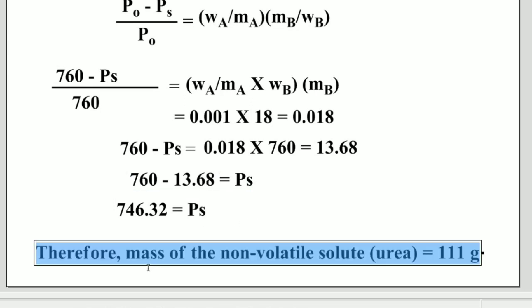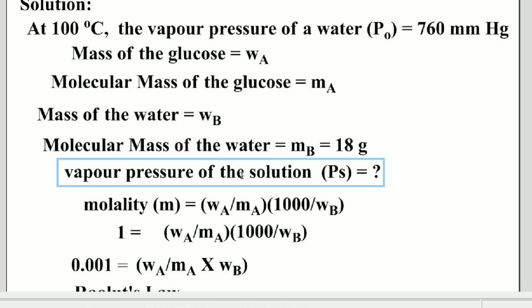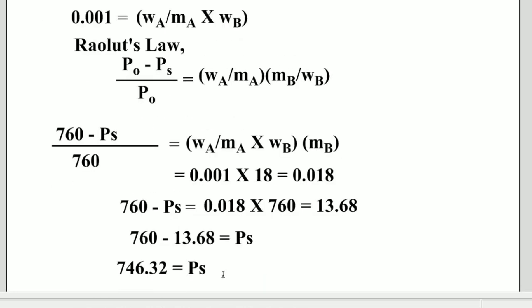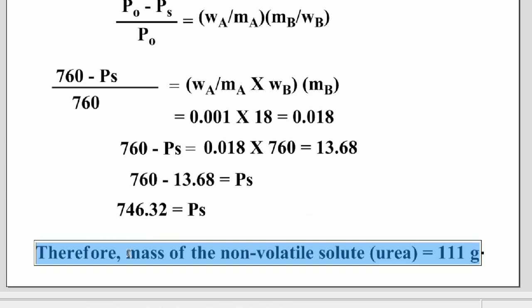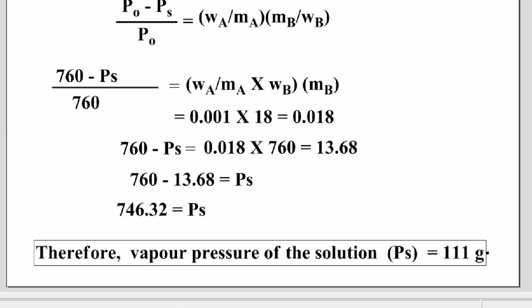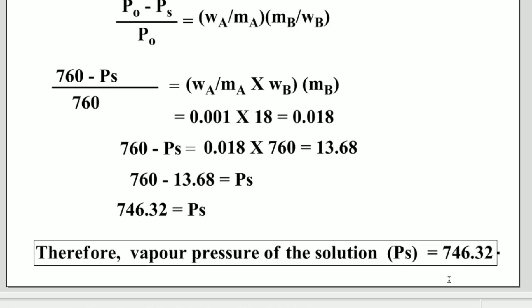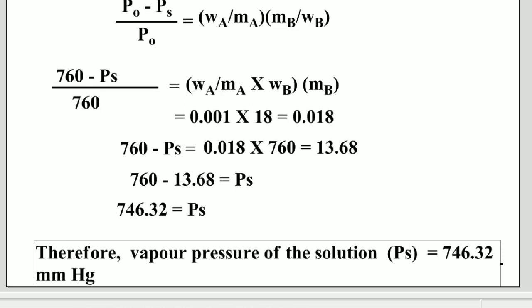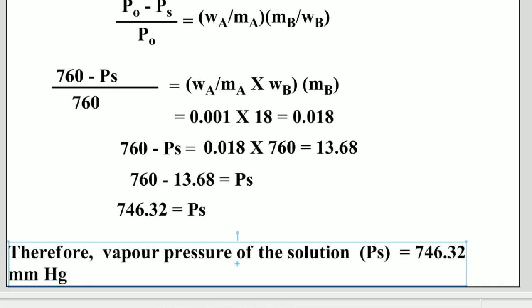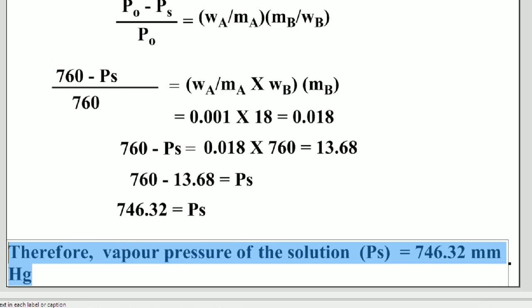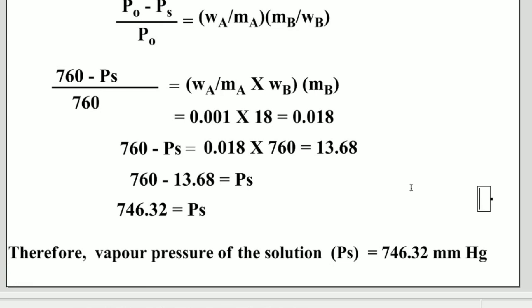Therefore the vapor pressure of the solution, PS, is equal to 746.32 mm of Hg. Okay students, I hope you understood this problem.